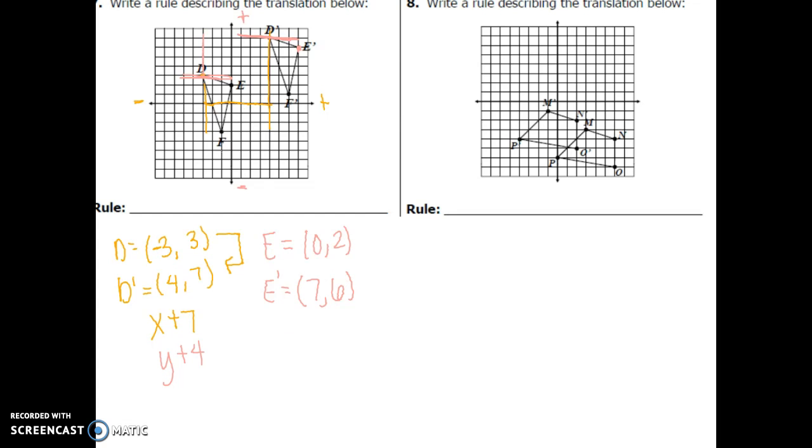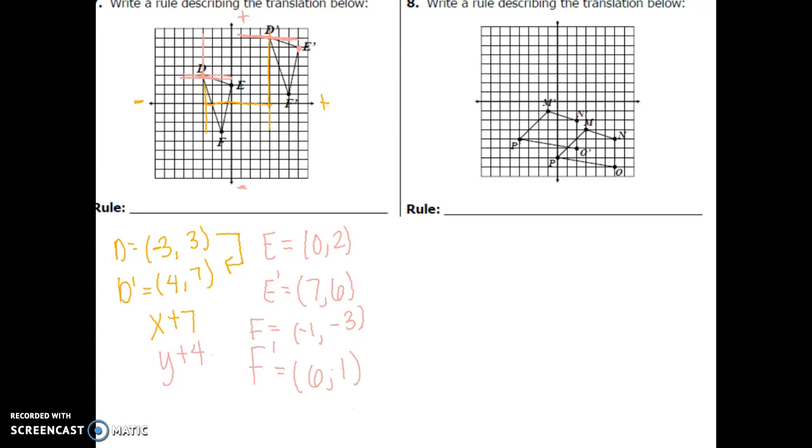So just to make sure that we have a good rule, I'm going to go ahead and check F and F prime. So F, we started off at negative 1, negative 3. And if my prediction is correct, negative 1 plus 7 would be 6, and negative 3 plus 4 would be 1.